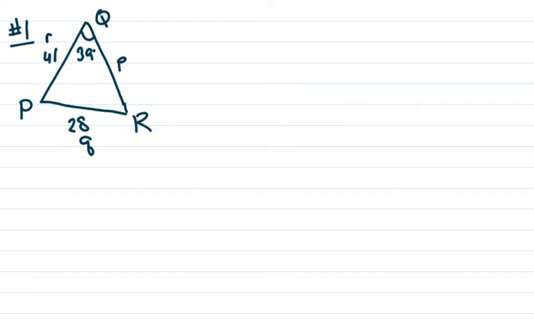So we can for sure use sine Q over q. And since r equals 41, that means we can solve for angle R because it can be our unknown.